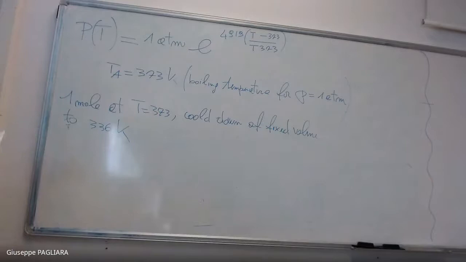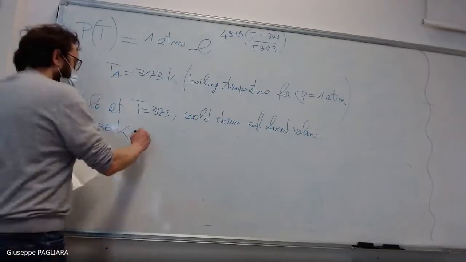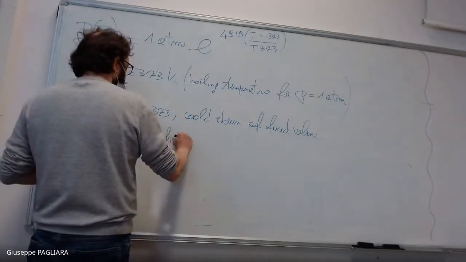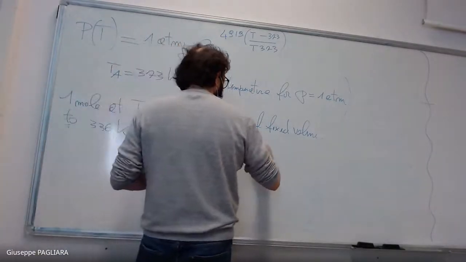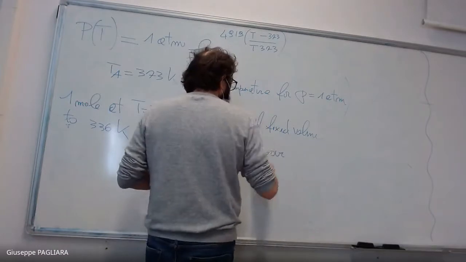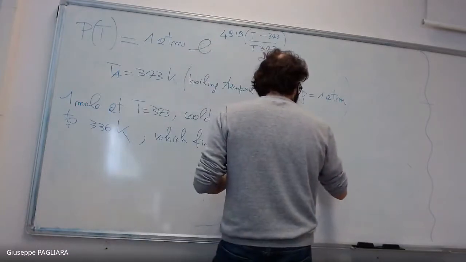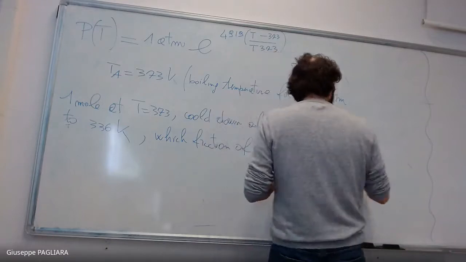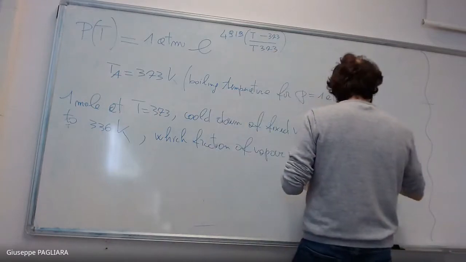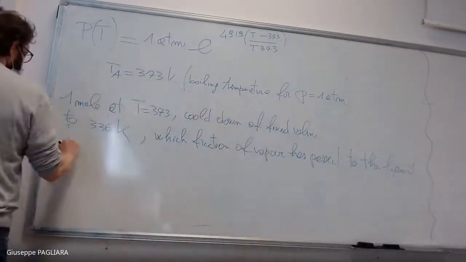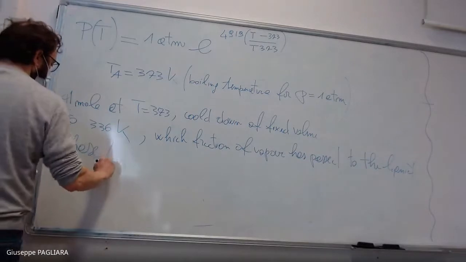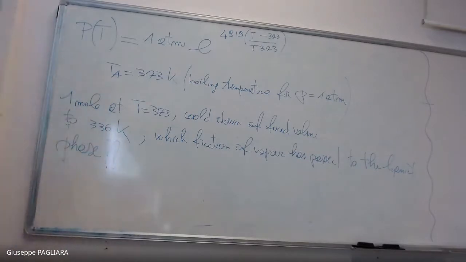So you decrease the temperature by this amount. The final temperature will be 336. Which fraction of vapor has passed to the liquid phase?